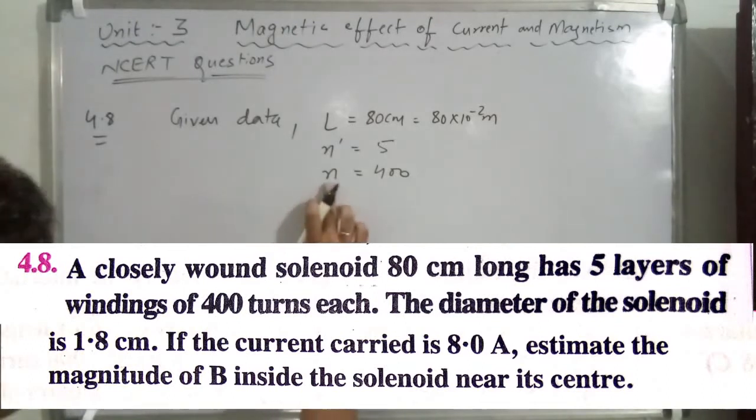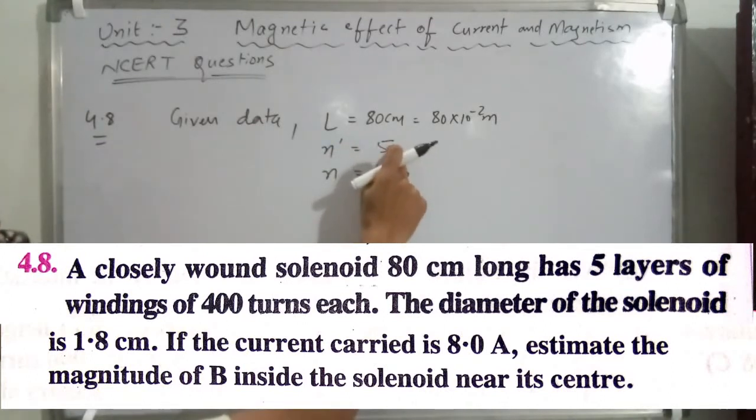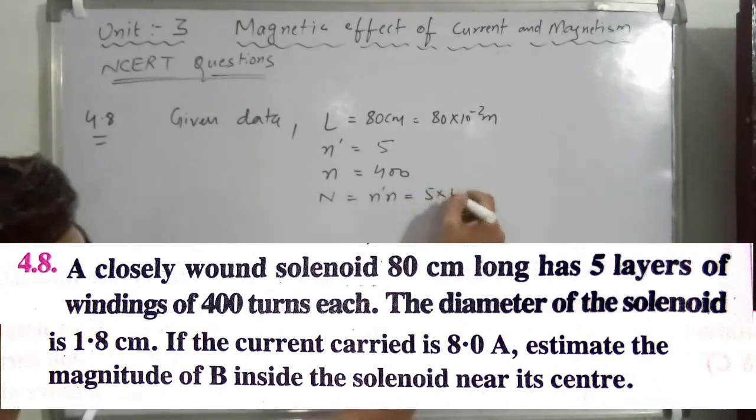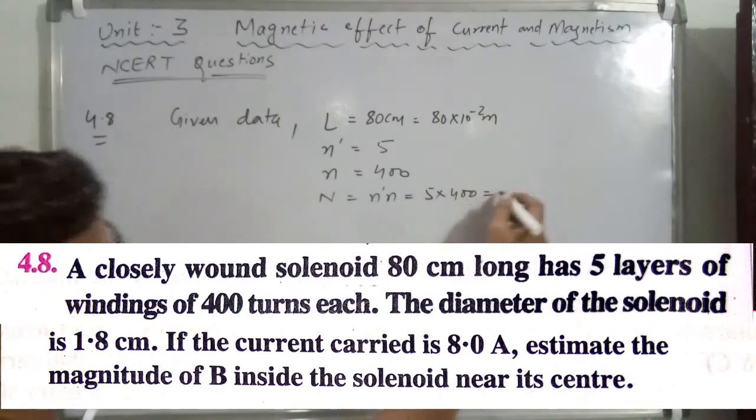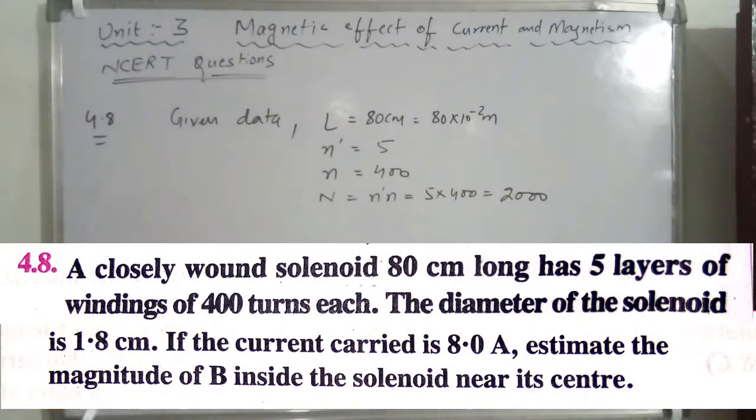So there are 5 layers, and you can calculate the total number of turns, which will be n dash into n, which is 5 into 400, which is 2000. This is the total number of turns in the solenoid.